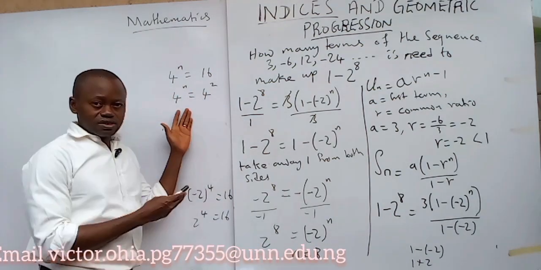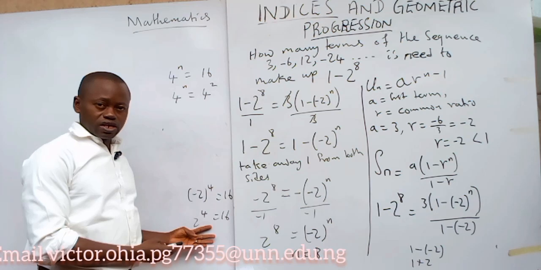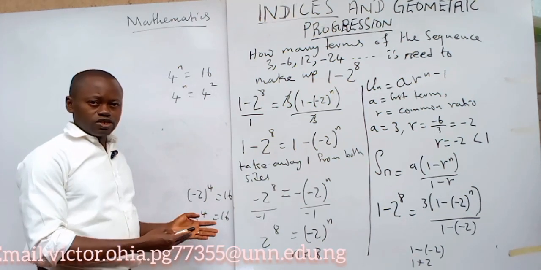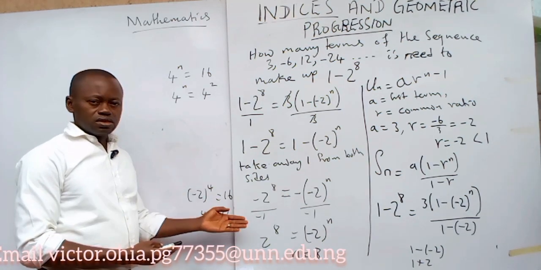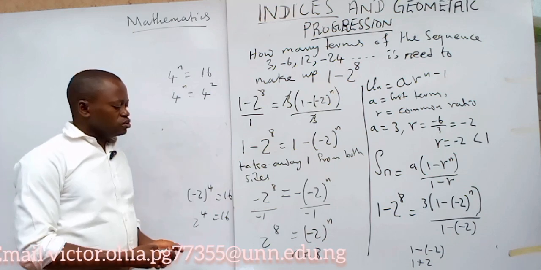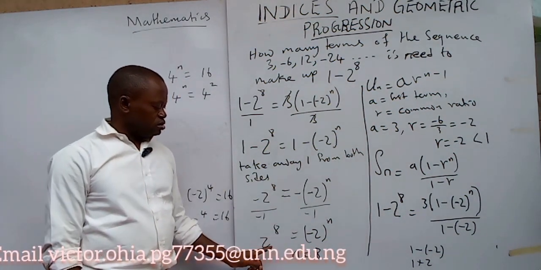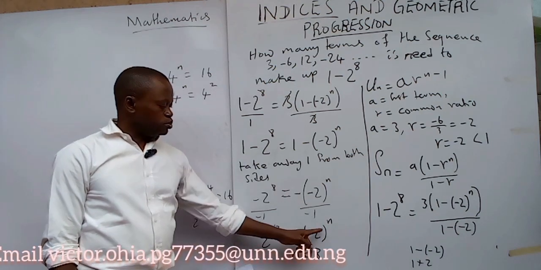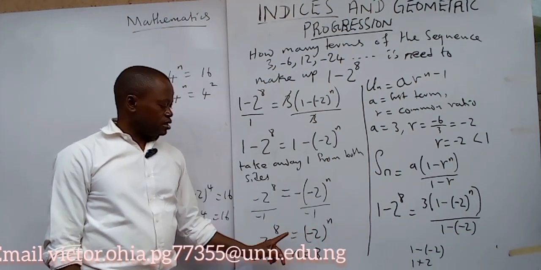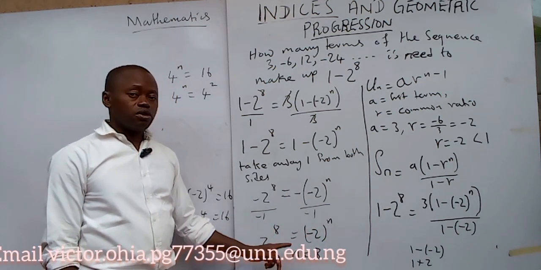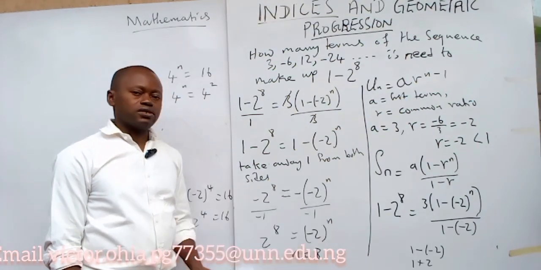If you understand this explanation I gave here, that any negative number raised to an even power is positive, then n is 8. Reason: if you put n to be 8 here, this 2 raised to power 8 will be of the same value as minus 2 raised to power 8.